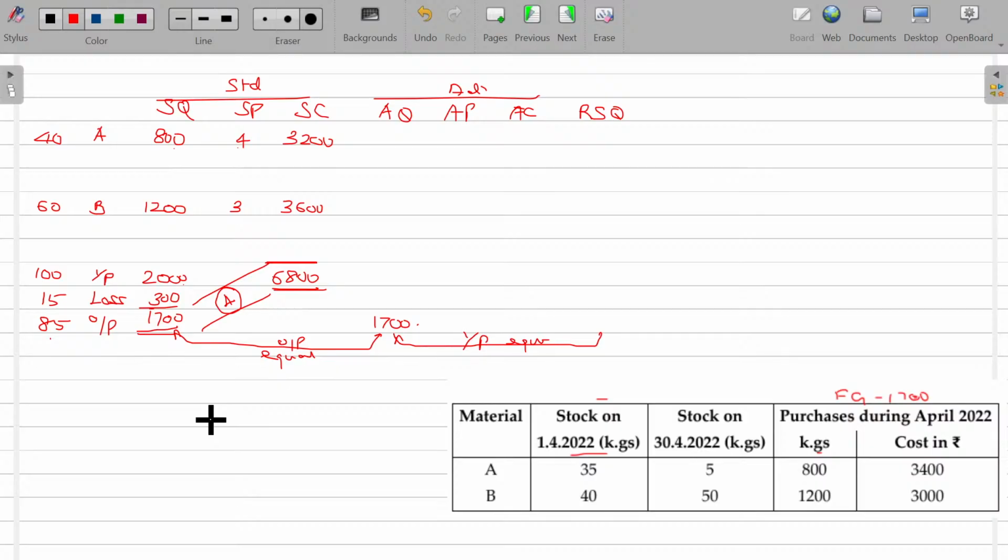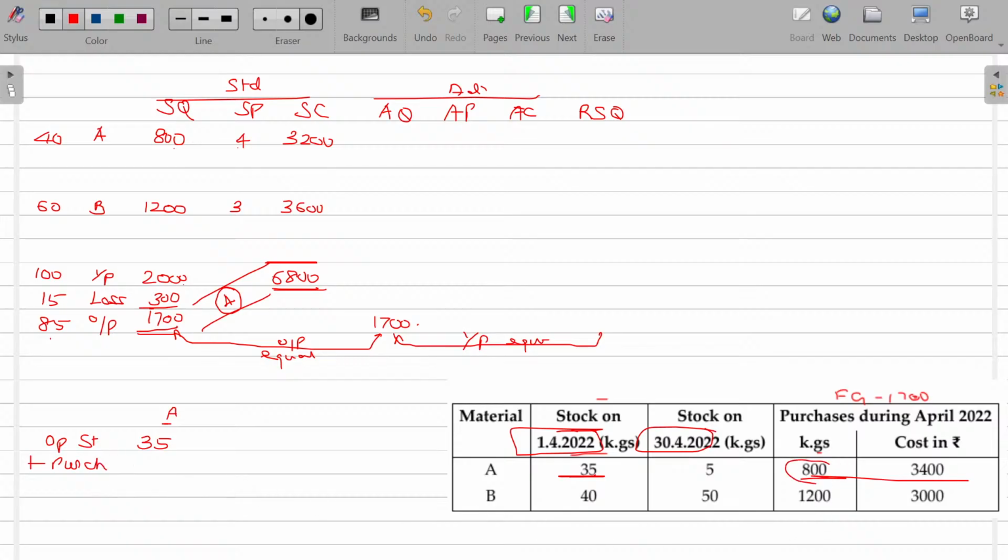For the actual, we have to calculate separately. A and B. Okay. So, opening stock. We have 35 units stock on the year beginning, stock on the year end, and newly purchased. 35 units in the beginning, opening stock, and add purchases.